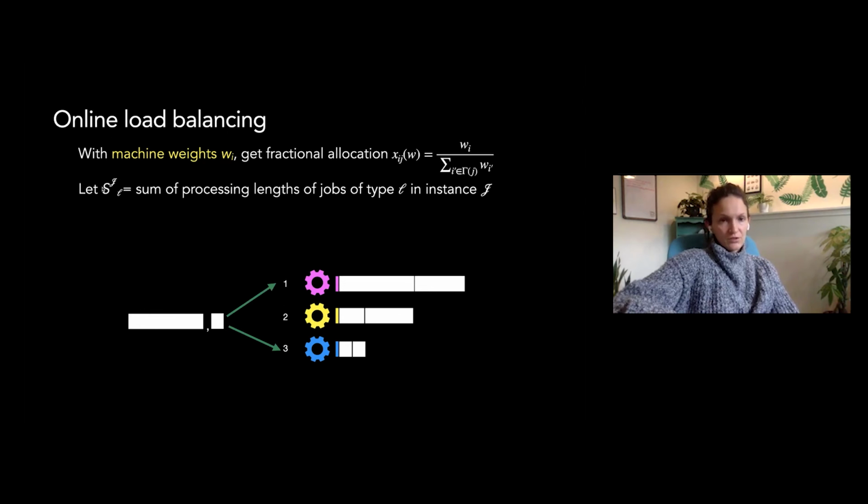Let S to the J sub L be the sum of the processing lengths of jobs of type L in the instance J. So this big J means the set of jobs that are arriving, equipped with their processing times and the machines they can be processed on. We'll say that two jobs are of the same type if they can be processed on the same set of machines. So in our old instance, we had this little job and this big job that could both go on machines 1 and 3, so these jobs are of the same type.